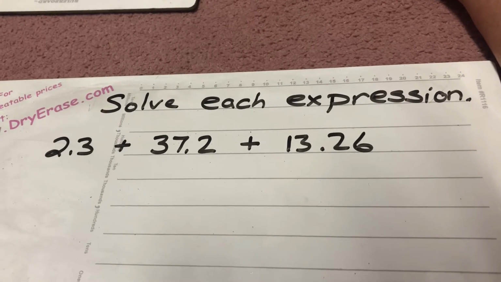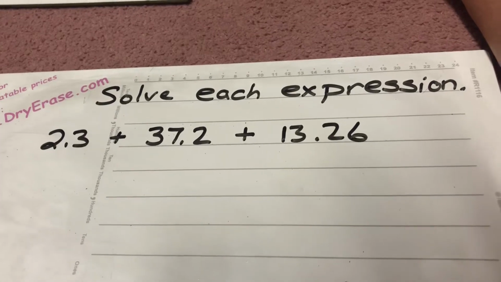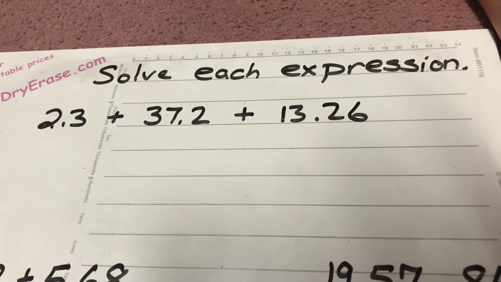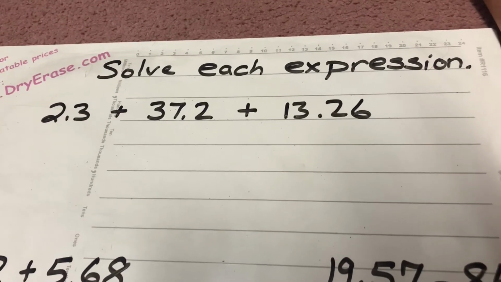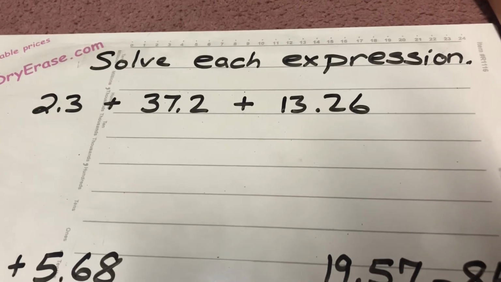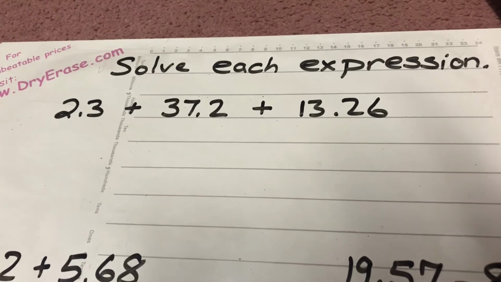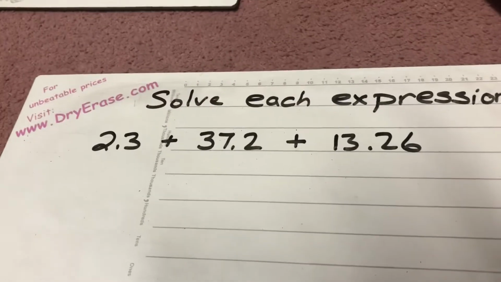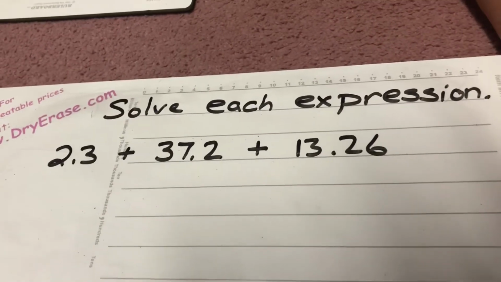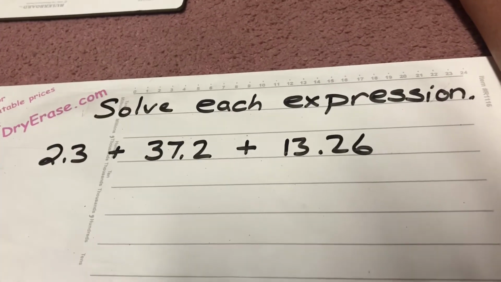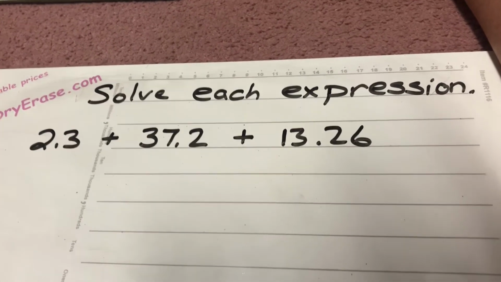Parentheses for the P. You will not have any parentheses today. Exponents for the E. You will not have any exponents today. The M and the D for multiply and divide left to right. You will not have any multiplication and division the next 2 days. The A and the S stand for adding and subtracting left to right.